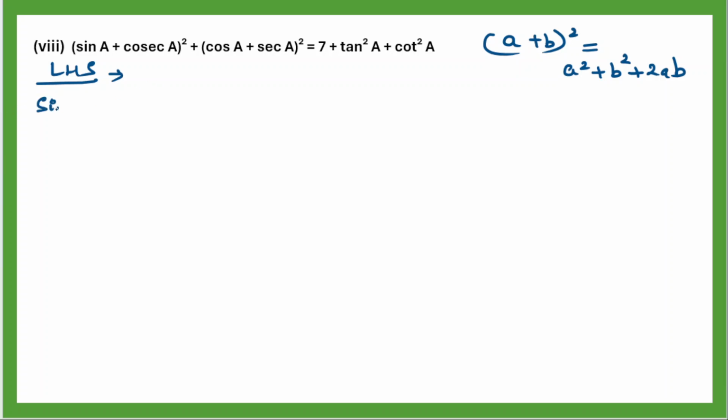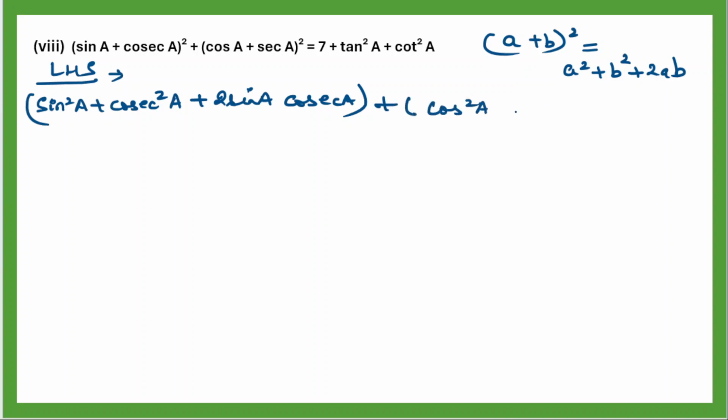So it will become sin square a plus cosec square a plus 2 sin a cosec a. This we will get in the first bracket, plus in the second bracket you are going to get cos square a plus sec square a plus 2 cos a sec a whole.